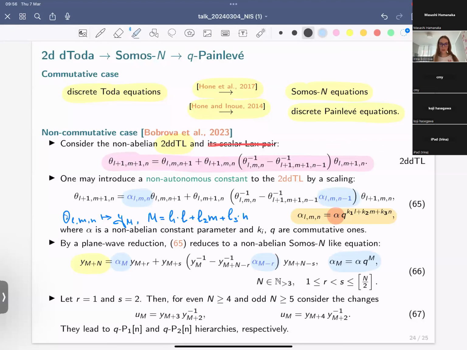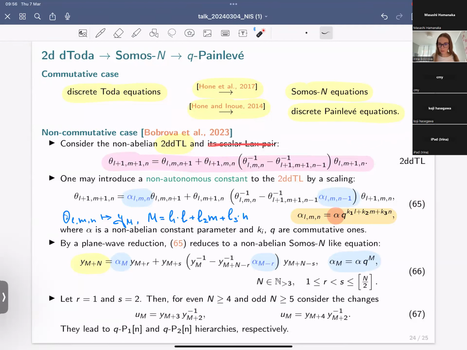So again, the idea is pretty simple. We start from our two-dimensional discrete ODE lattice. Since we want to obtain a non-autonomous ordinary difference equation, we need to introduce a non-autonomous constant to this lattice.